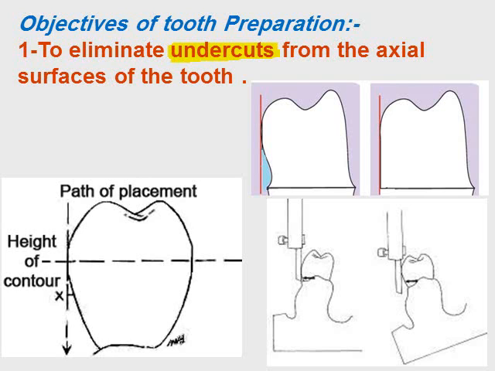So when we are going to do a preparation, we must cut the tooth in such a way, making the surfaces of the teeth without any presence of undercut, to make it possible to seat the crown on it.